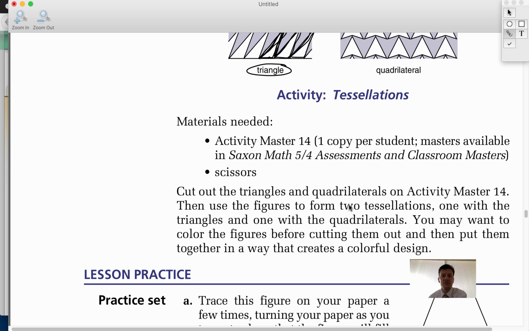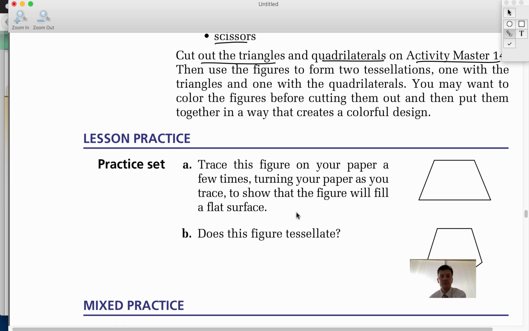You can do this activity right here, which talks about going to Master 14, where you are going to cut out the triangles and the quadrilaterals in that activity and begin to form your own tessellation. Okay? You can also take these shapes. For example, here's a quadrilateral, 1, 2, 3, 4 sides, and on a piece of paper, you can just trace it.